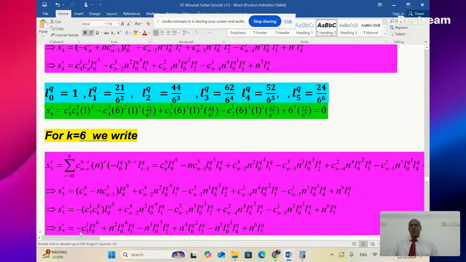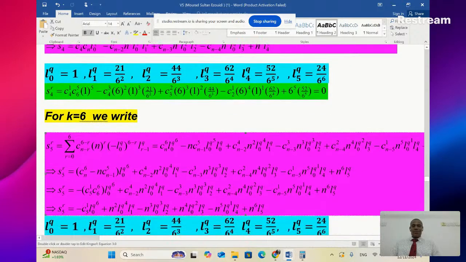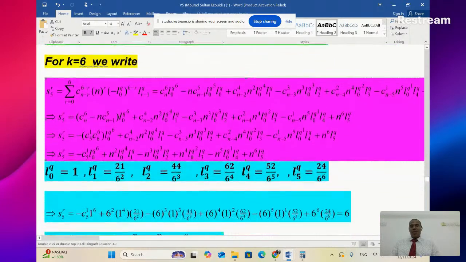S5 equals minus 5 choose 1, L0 of Q to the power 6 plus n squared L0 of Q to the power 4 times L1 of Q minus n cubed times L0 of Q to the power 3 times L2 of Q plus n to the power 4 times L0 of Q squared times L3 of Q minus n to the power 5 L0 of Q to the power 3 times L4 of Q plus n to the power 6 times L5 of Q. Now I'm going to apply my formula, and I will calculate this.